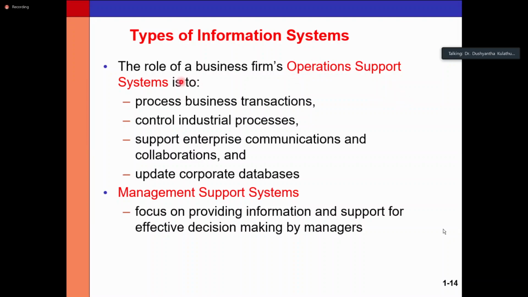Operation support systems are basically utilized to process business transactions, control industrial processes, support enterprise communications and collaborations, and update corporate databases. So this is a very common one, but there are some other specific roles identified here. Process business transactions.